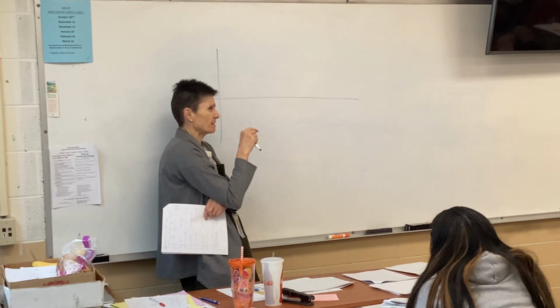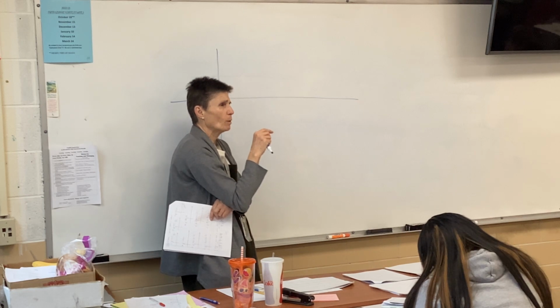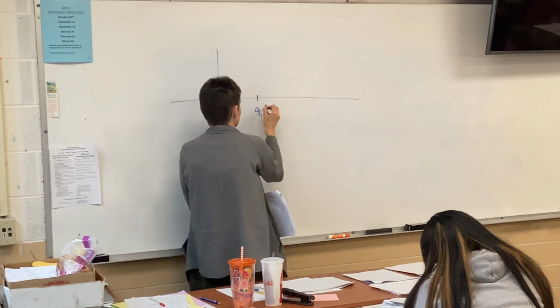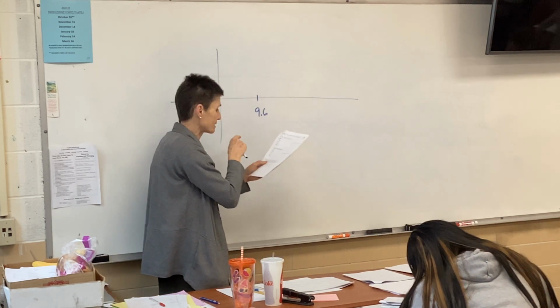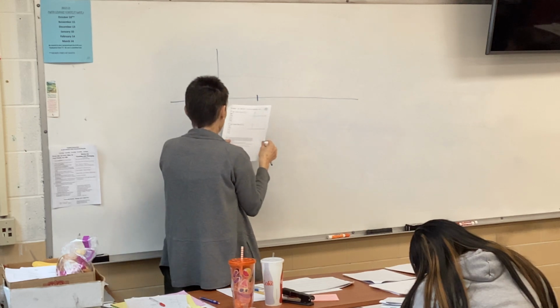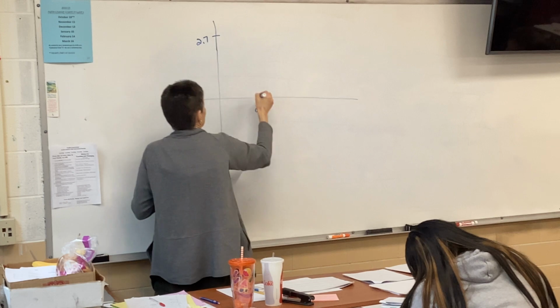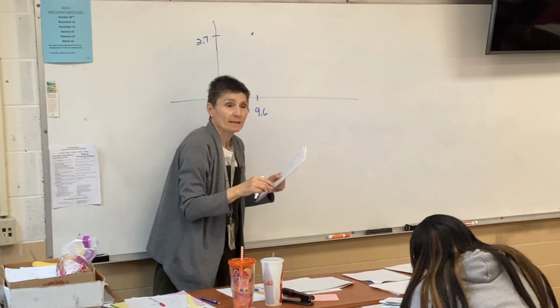I should know that. 3, 9, 15, 3, 0.6? So here's 9.6. That's 9:36. And the water was 2.7. So there, I just plotted high tide at 9:36.